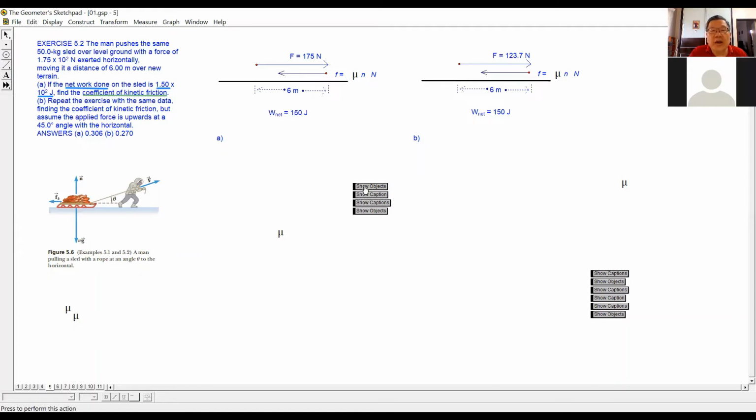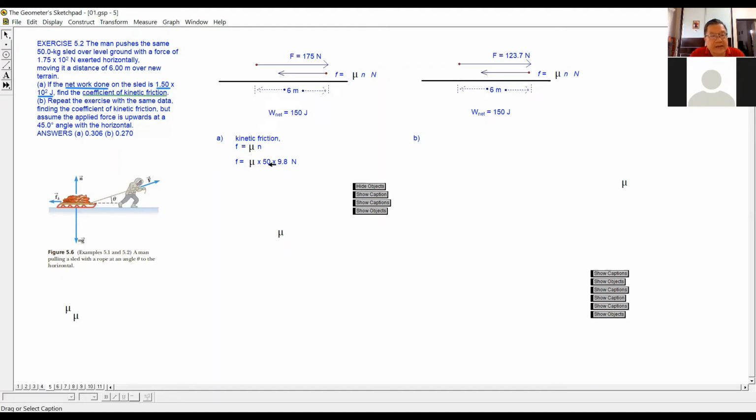So I'm going to write out an equation here, right? Okay, so we want to find the frictional force first. The frictional force is F equals to mu N. Mu is what we don't know.